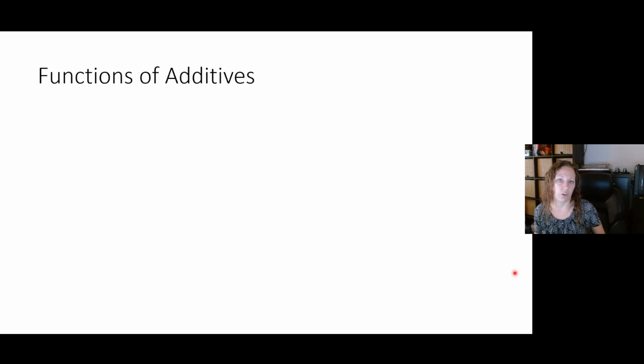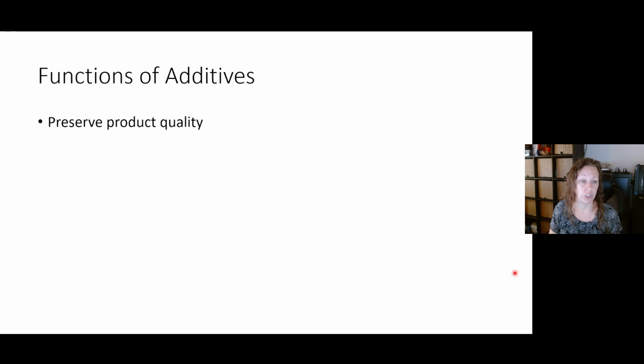There are 4 functions of additives that we'll be going over. We're actually only going to go over the first one in this lecture, and then we'll pick up the other 3 in the next lecture, just kind of how the book was divided for this chapter. So the first function is to preserve product quality.